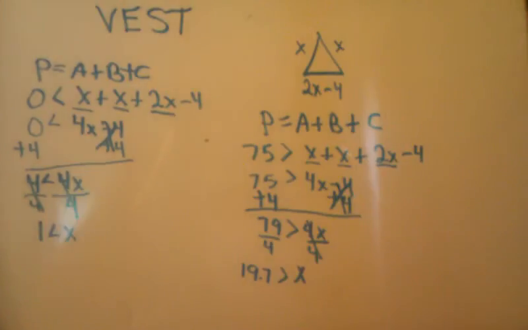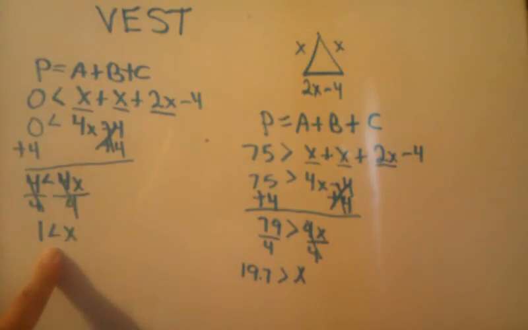Now let's look at this. It wants to know the possible lengths of the equal sides. Find the possible length of the equal sides. The equal sides are x. The smallest it can be, now this says 1 is less than x. There's no equal sign there.